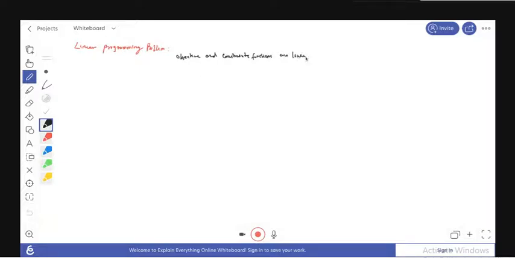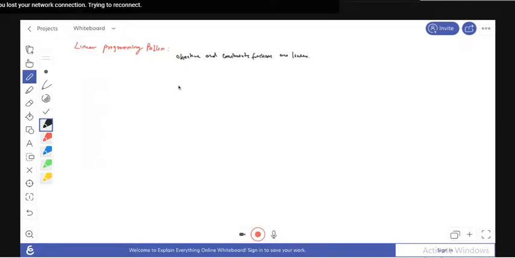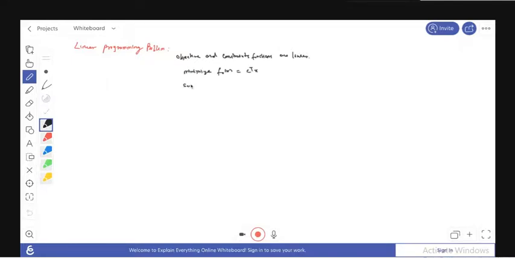Minimize the objective, subject to the constraints ai transpose x less than or equal to bi, where i varies from 1 to m.